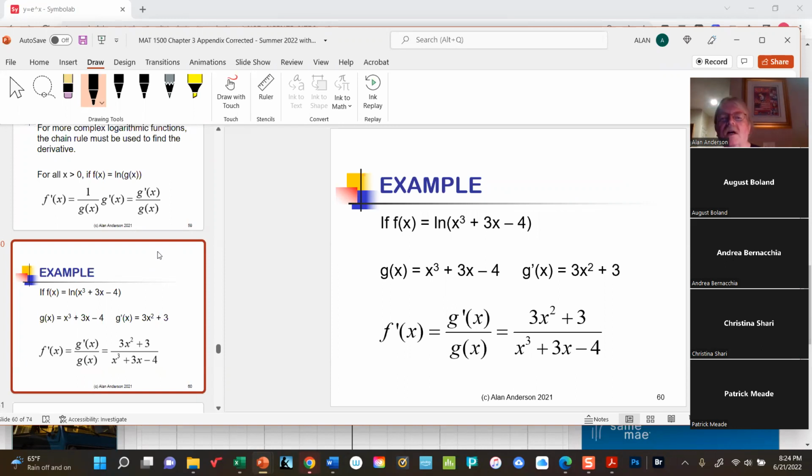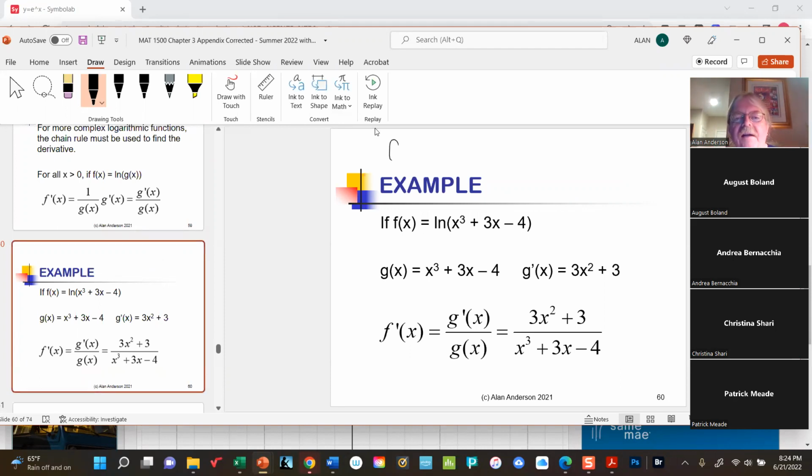If f of x is log of x cubed plus 3x minus 4, naturally enough, the function inside the parentheses will be our g of x, and based on the power rule, g prime of x would be, let's just review this really quickly.